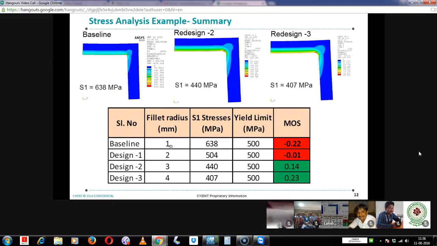When I put together this summary table, the baseline has 1 mm fillet radius. Then we improved the design to 2 mm, then 3 mm and 4 mm. Overall, the stresses change from 638 to 407. When I calculate, the first two designs have negative margins, but the last two designs, design 2 and design 3, give positive margins, 0.14 and 0.23.